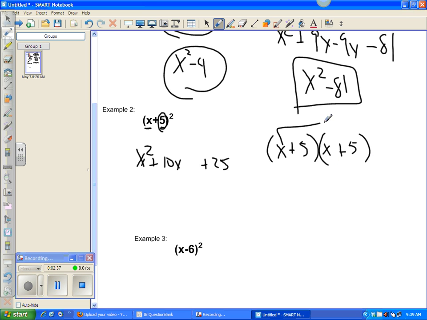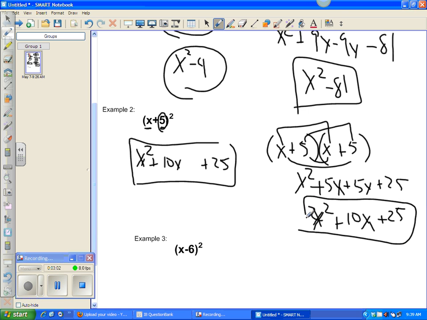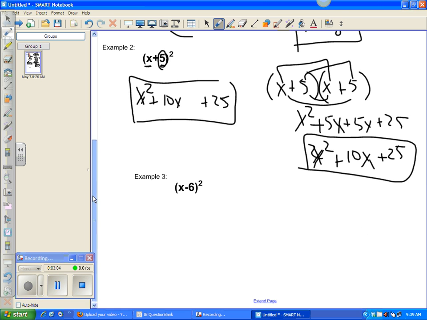Right. Let's go. x squared plus 5x plus 5x plus 25, which gives me x squared plus 10x plus 25. Same thing I did by just knowing what the pattern already had. I just had it done right there.